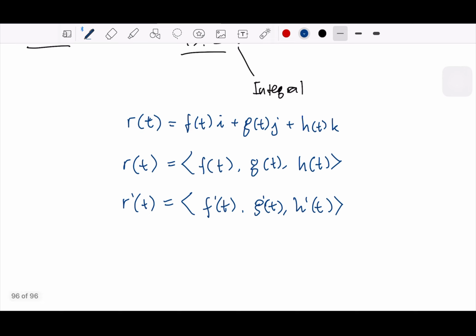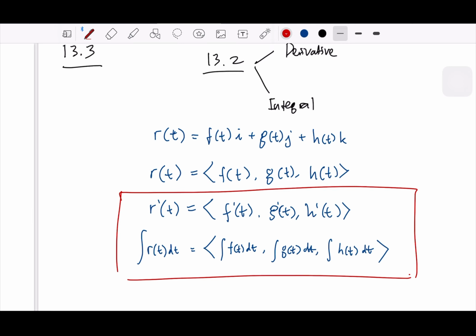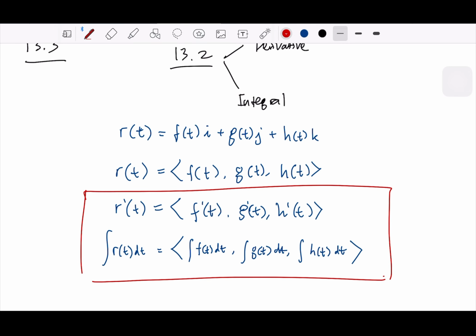And for integrations, let me just write here. Okay, this is just a short summary of 13.2.